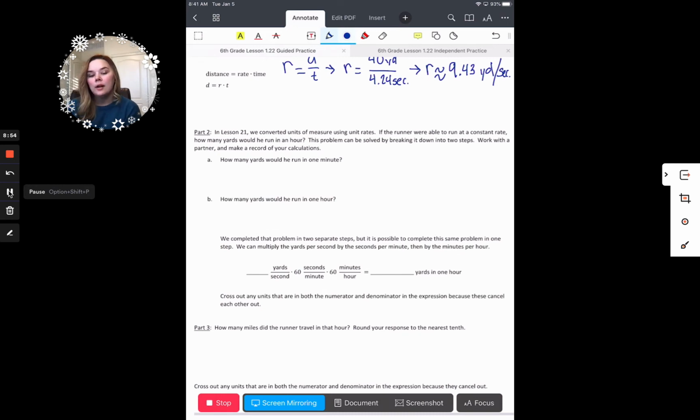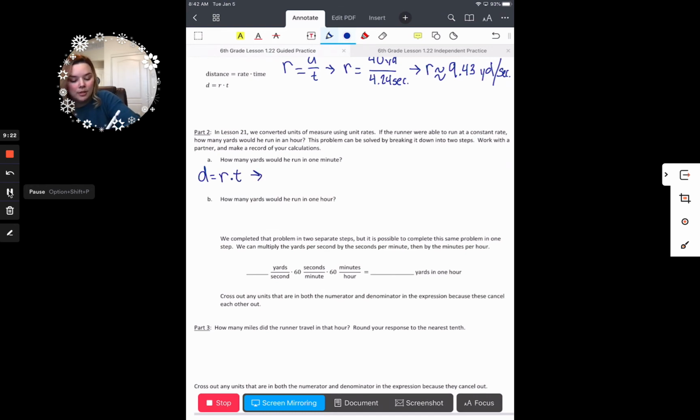So if he's running 9 and 43 hundredths yards in a second, then we need to know how much he runs in a minute. Well, how many seconds are in a minute? There's 60 seconds in a minute. So we are going to multiply, right, because we have to find our distance. So our distance equals rate times time.